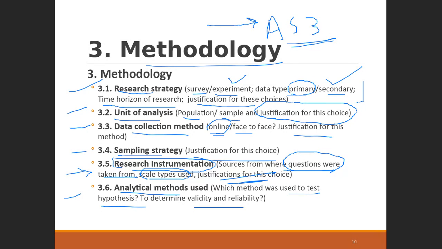Okay, so you can borrow the methodology section from your assignment number three. Your assignment number three focused on the methodology section, so you can borrow the information from there, and you can refer to the feedback that was given to you. If the feedback was not very good, you need to revise your AS3 and then incorporate that information in your research report.